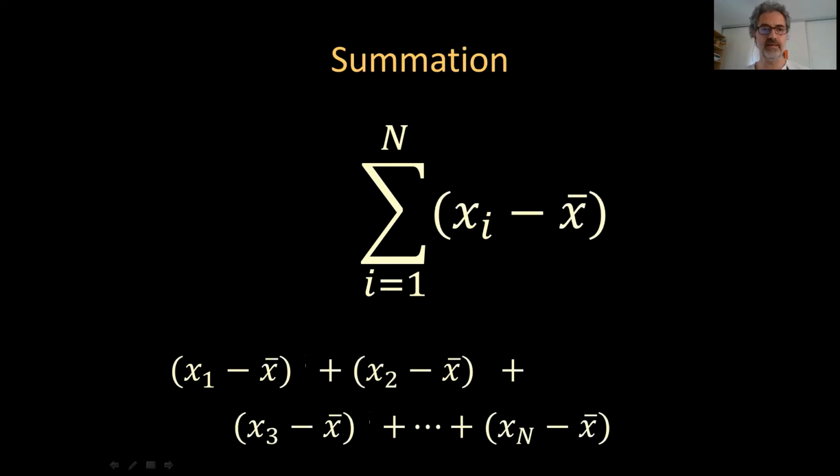So this means that we first have x1 minus the mean of all the x's, and that's here. And then we have x2 minus the mean of all the x's, that's here. And then x3 minus the mean, and so on until the last x minus the mean.